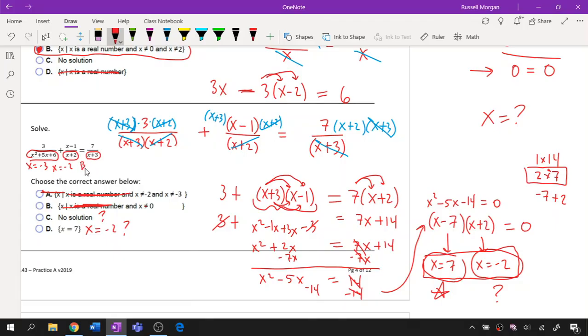So these two things are the ones that are bad. Now, wait a minute. We thought negative 2 was an answer. The problem is that would also make a 0 on bottom, which is bad. So only 7 was the good answer. It was the only good answer because it doesn't make a 0 on bottom. There's our answer for that.